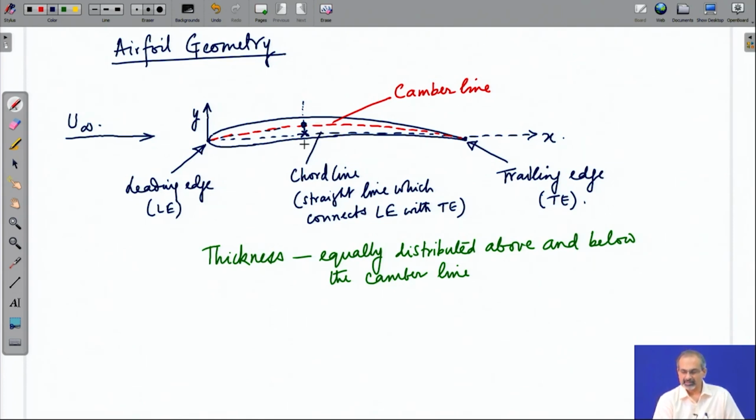Now, at that location, if the total thickness is T suffix p, because the point that we have chosen on the chord is p, and correspondingly the thickness that we are defining at that location is T p, then half of Tp would be above the camber line and half of it will be below the camber line in order to define these points which lie on the surface of the airfoil.